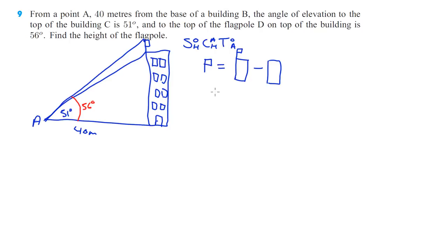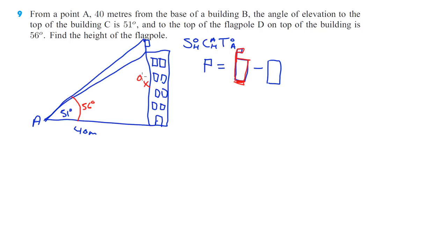So let's find the height of the building and the flagpole. That's the one with 56 degrees. We'll do that in red so that we can get this all figured out. We're looking for this here, which is going to be our x, and this here is always going to be 40 regardless.